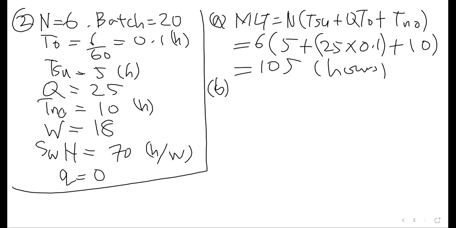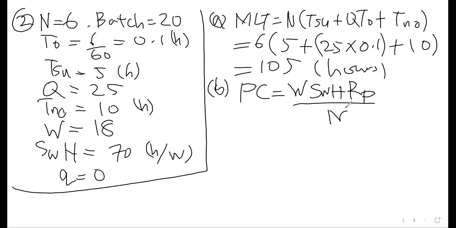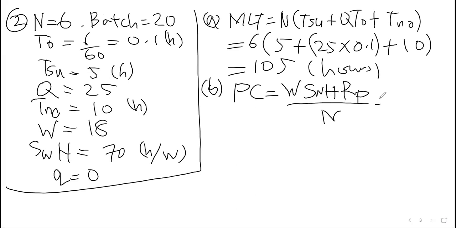Determine the plant capacity, PC. Plant capacity PC equals, you can get the formula from the summary I wrote down there, W times SWH multiplied by RP and divide by N. From this formula, W is 18, multiply SW, you have 70, and RP, divide by N, N equals 6.